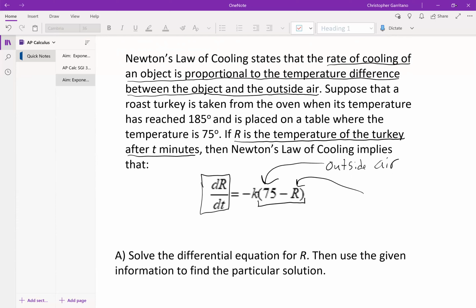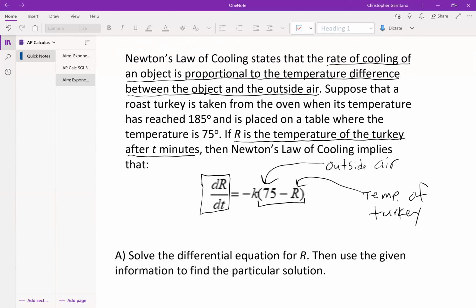And this right here, of course, is the temperature of, in this case, a turkey. But it does not have to be a turkey. It could be anything that is cooling in a temperature controlled room.